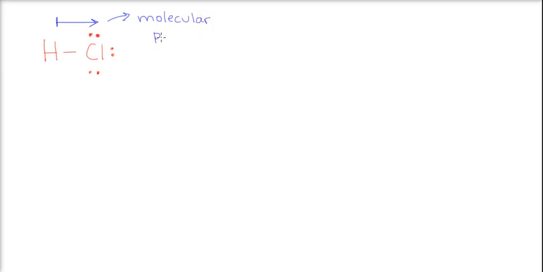So what this is indicating is that the chlorine is pulling electrons away from the hydrogen and to itself from the bond. So chlorine, being more electronegative, has a stronger pull on the electrons that are in the bond than does hydrogen. So what this means is that just like with our instantaneous dipole, we're going to have partial negative and partial positive charges.